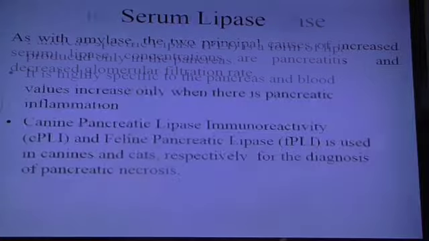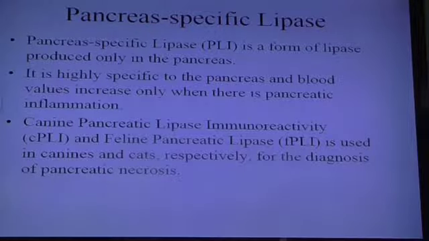Okay? That's the pancreas-specific lipase, PLI. And again, it's a snap test. And if you have a feline in practice, what do you think you better have available in your clinic? Sedatives. Well, besides that, this. This is a very common instance of this stuff.